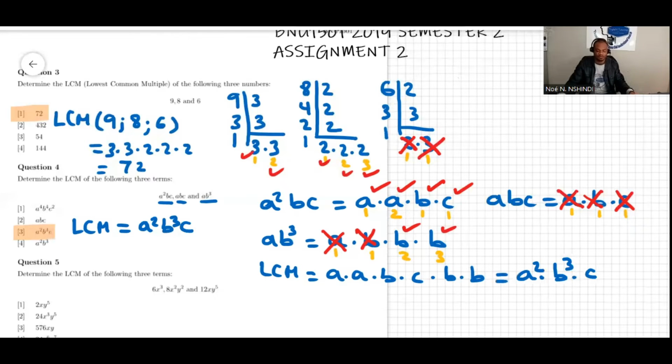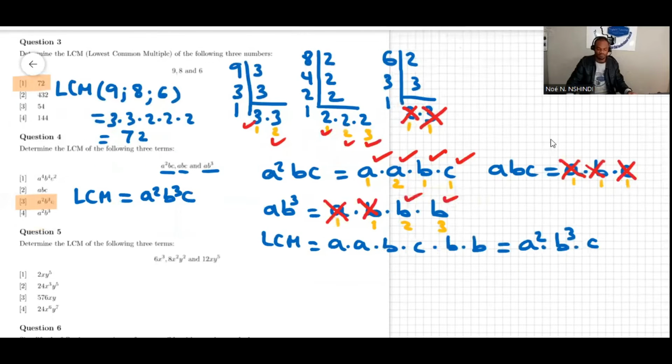Okay, that's the LCM over the 3 terms. Now, the following question is question 5.